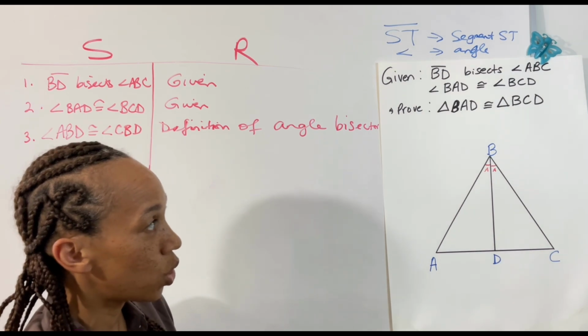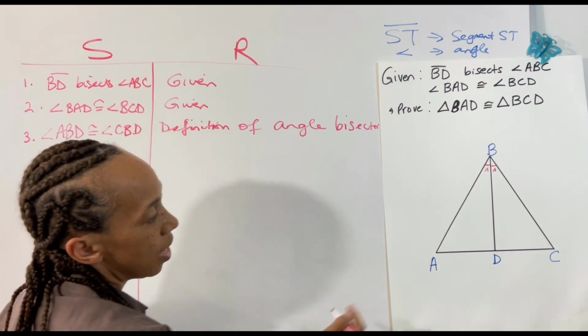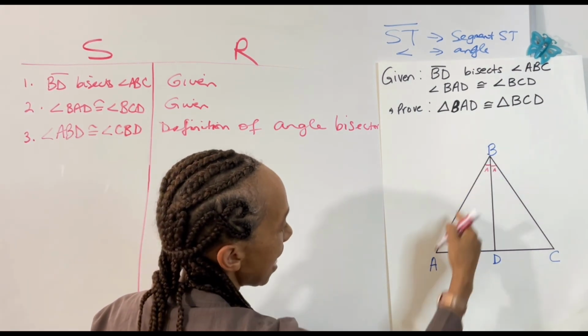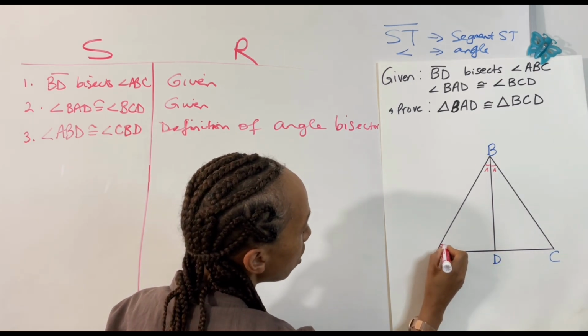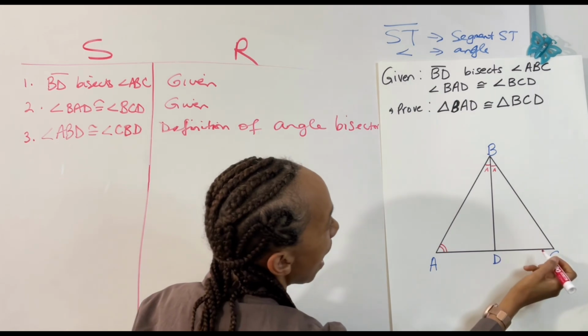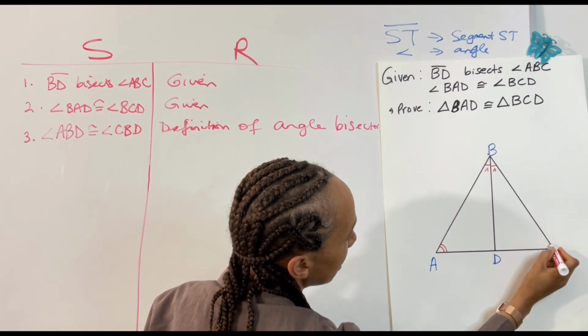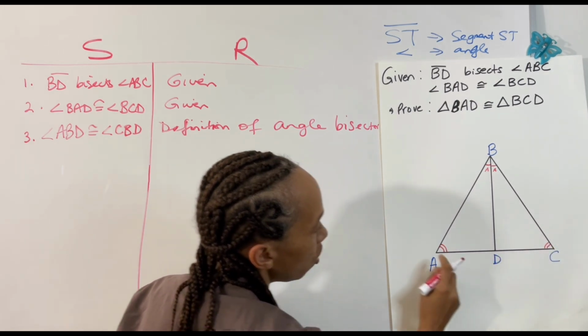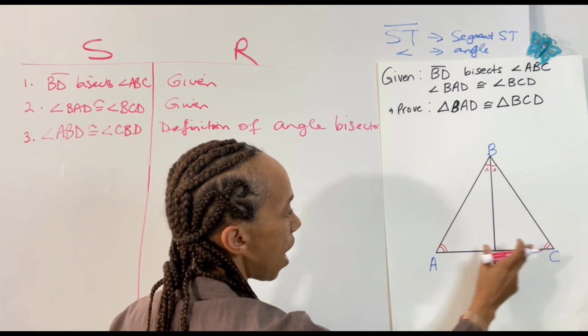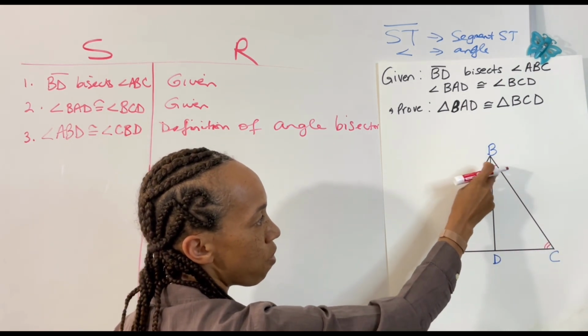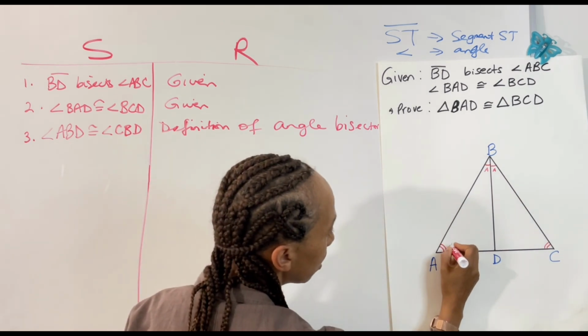Then they also told you that angle BAD, that's this angle right here, is congruent to angle BCD. And this, you do two arcs here to show that these two angles are congruent. You want to separate it from the ones with one arc, and this is an angle.